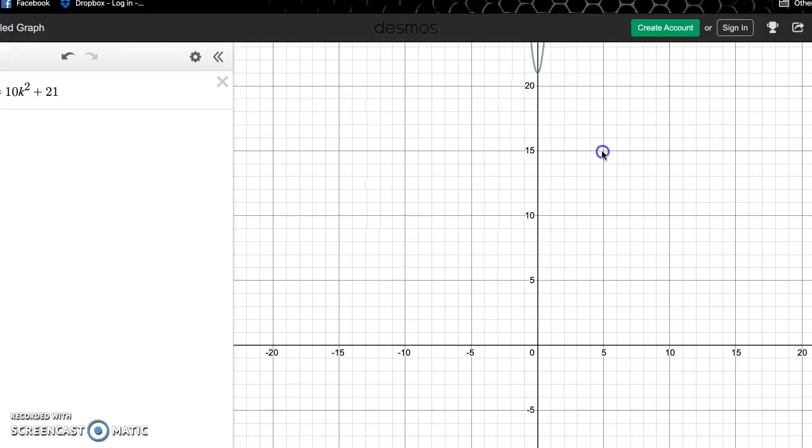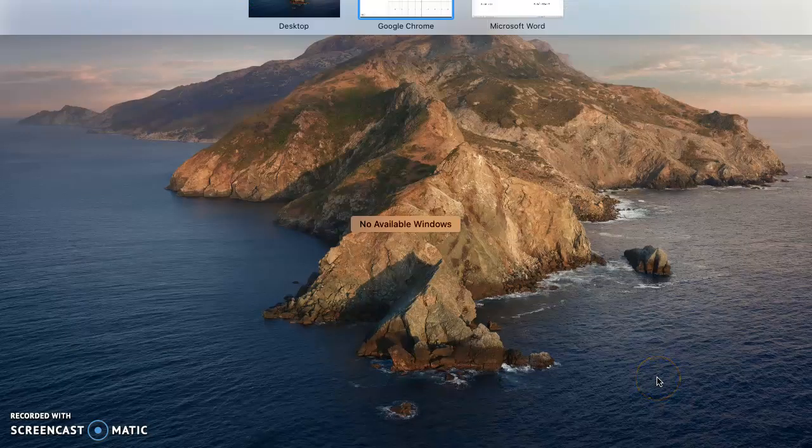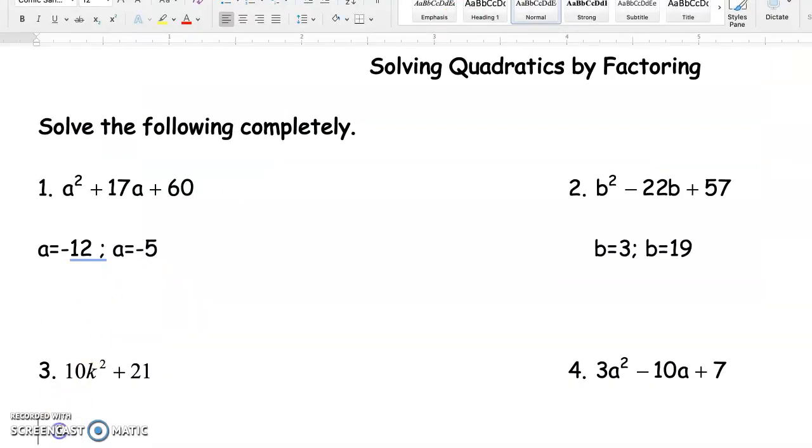Notice it doesn't cross the x-axis at all. It crosses way up here. So this means that there are no real solutions. So therefore, you cannot factor this, and this answer is what we call prime.